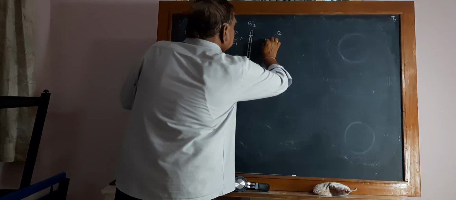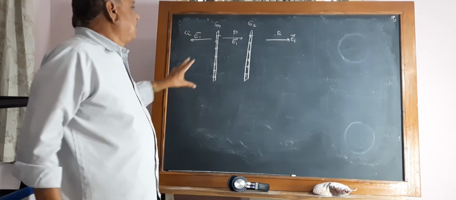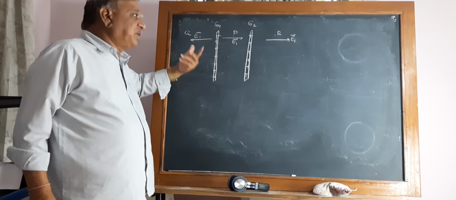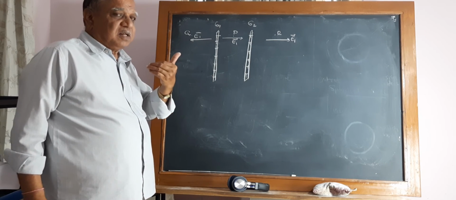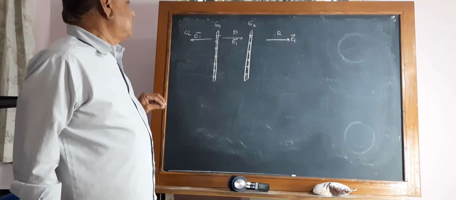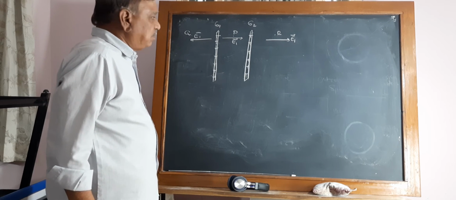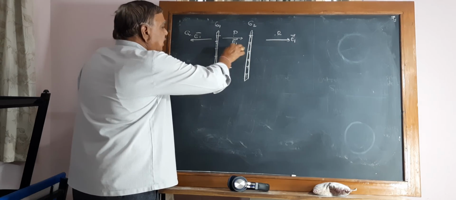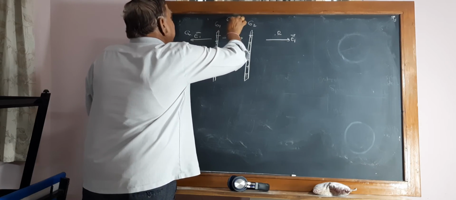Also for the same, E1 is directed away. It does not depend upon the distance. So at any point, for a positively charged sheet, the field is directed away from the sheet. Similarly for the second sheet with surface charge density sigma 2, which is also positive, the field due to that one is away. Suppose we have taken sigma 1 greater than sigma 2.